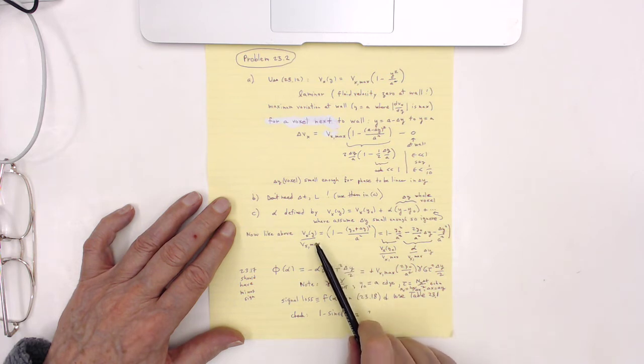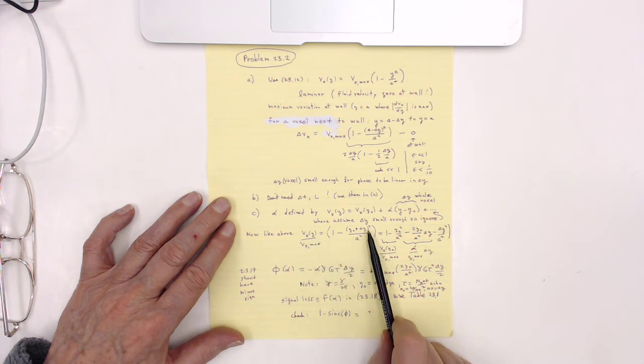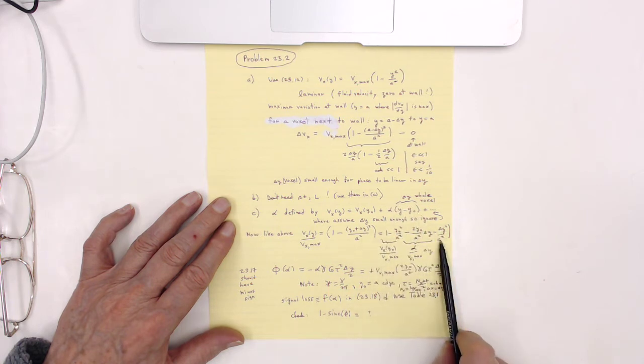Like before, I'll divide out the Vx max. Vx of y then is 1 minus (y0 plus delta y) squared. I'll define that as delta y. I expand it out, and I now have a coefficient that I can define in terms of alpha.